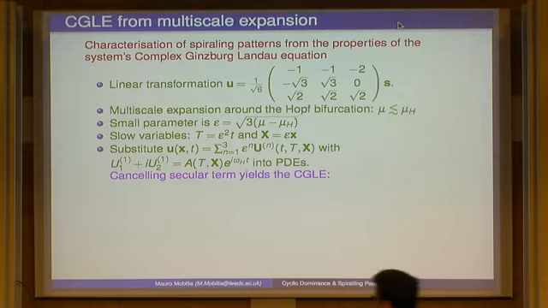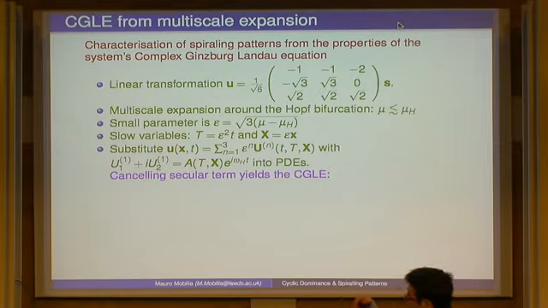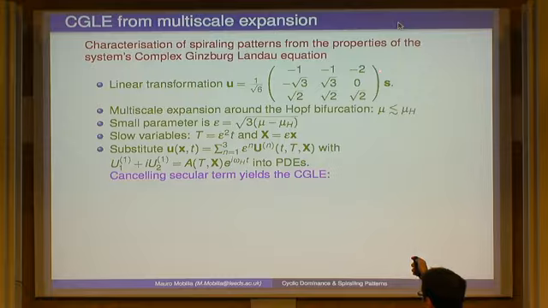So the approach is the following. We want to derive a complex Ginzburg-Landau equation. I'm going to show you what it is very soon. First, for convenience, it's useful to do the following transformation. S is just the vector with S1, S2, and S3 as entries.